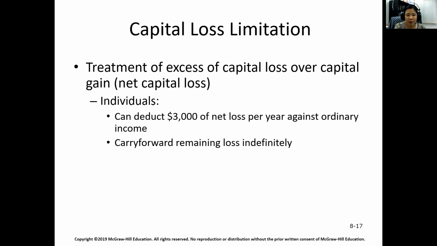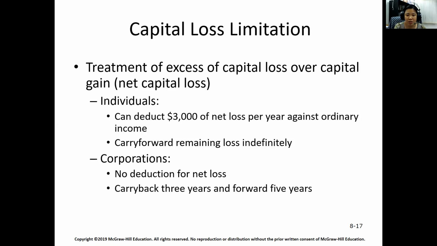What about corporations? For a corporation, you cannot deduct capital loss unless you have capital gain. Again, one more time: capital loss cannot be deducted unless you have a capital gain, because the capital gain can help to absorb your capital loss.